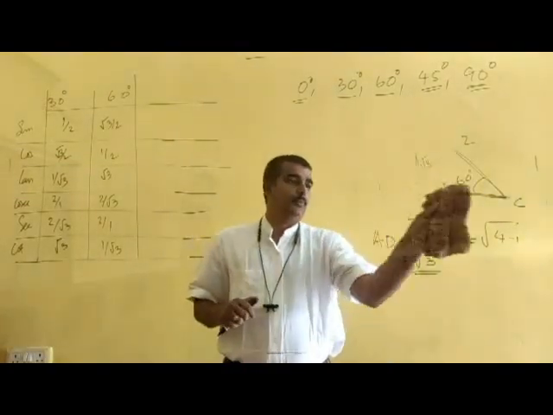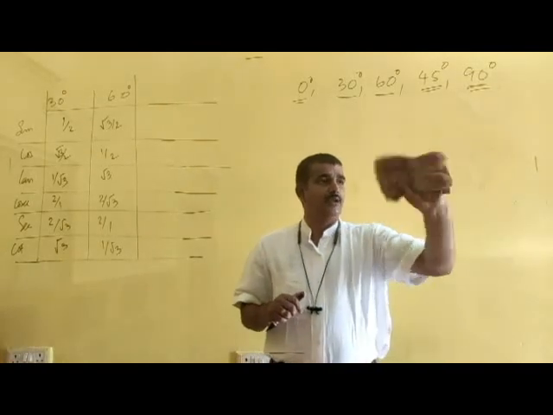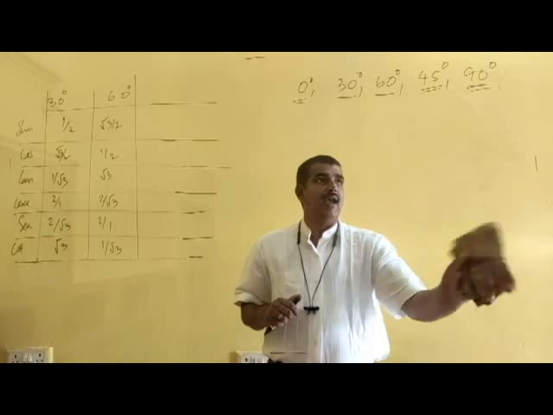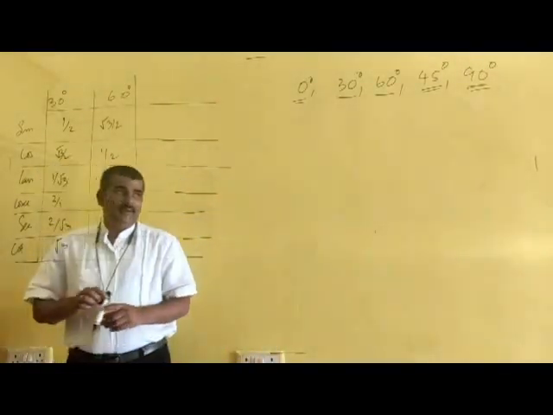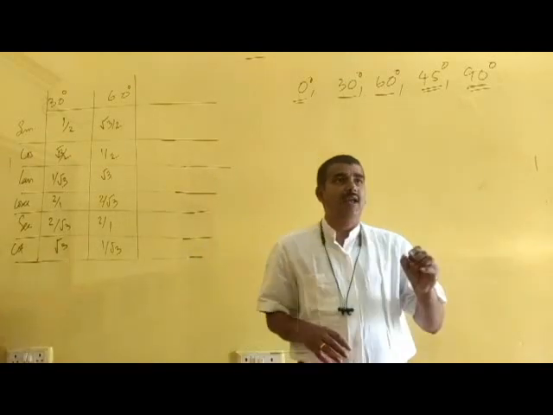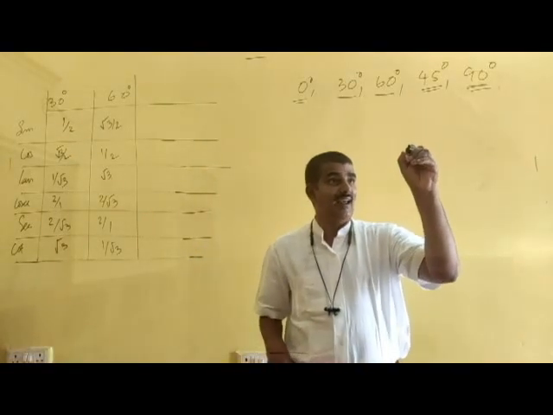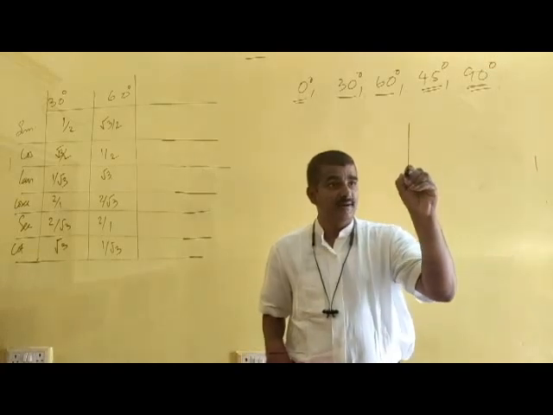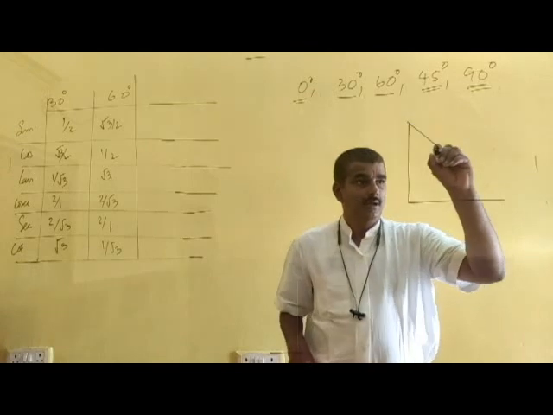Now, next figure, next diagram you can draw for the angle 45 degree. See, I am drawing a right angled triangle, an isosceles right angled triangle. That means this line and this line should be equal.